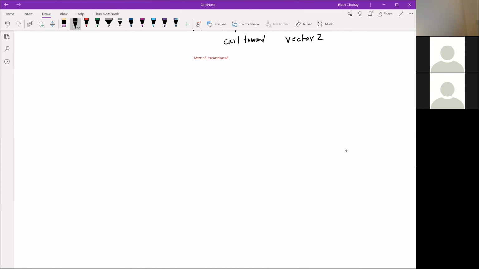So evaluating the cross product QV cross B, well, we can use the right-hand rule for the direction.